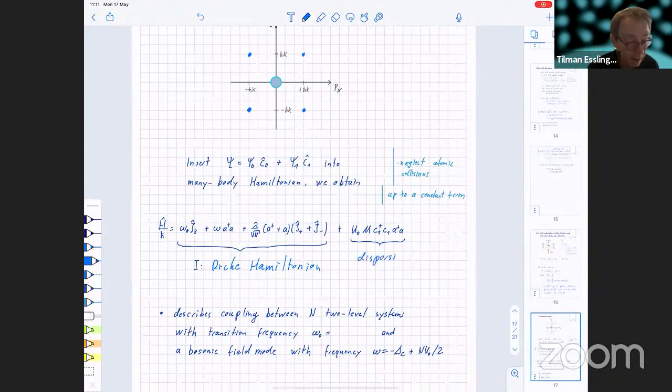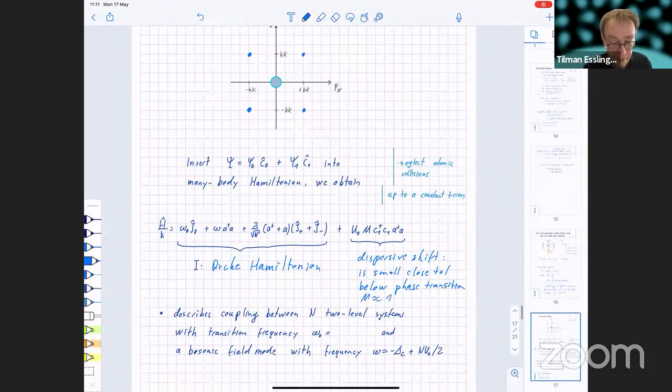Dispersive shift, small, close to / below phase transition. When M, that's just a matrix element, it's roughly 1.